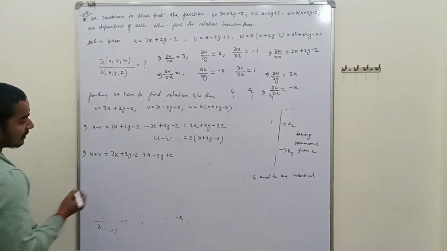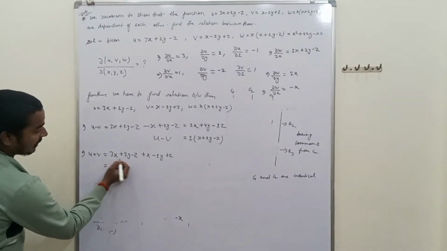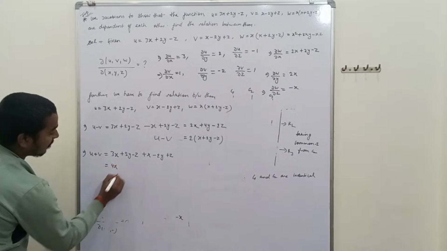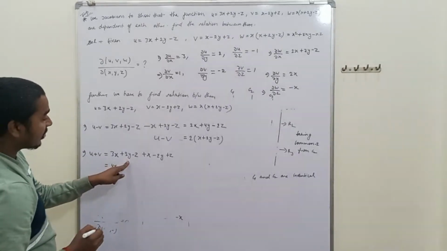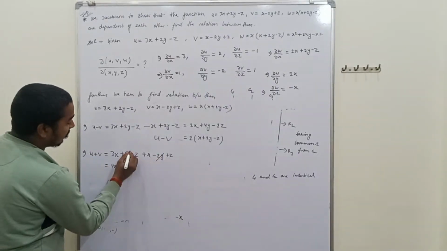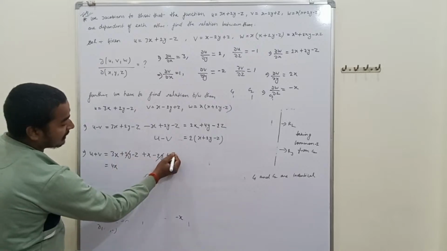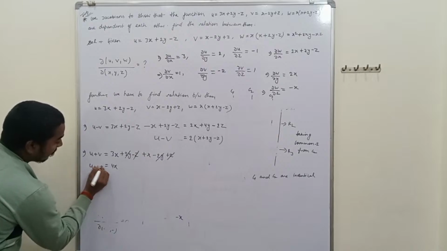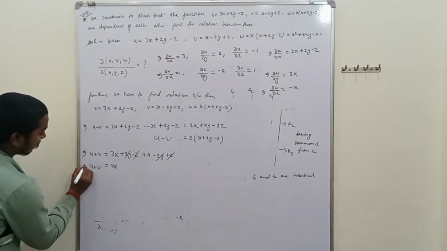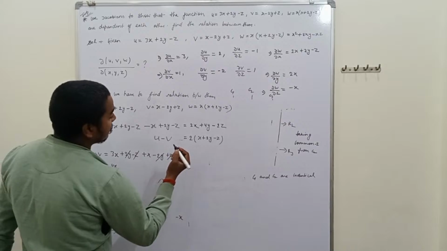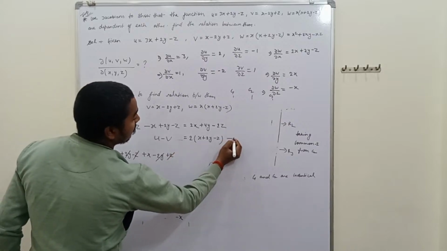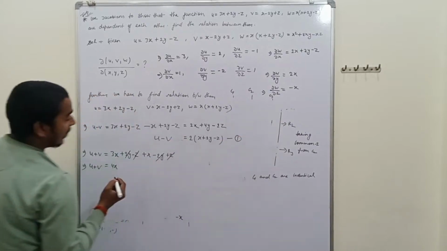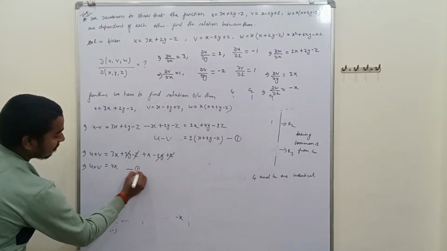From here 3x plus x is 4x, and plus 2y and minus 2y cancel out, and minus z and plus z also cancel out. Then u plus v is equal to 4x. Let this be equation first, u minus v, and this be equation second.